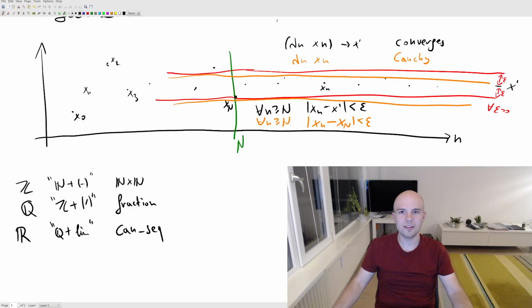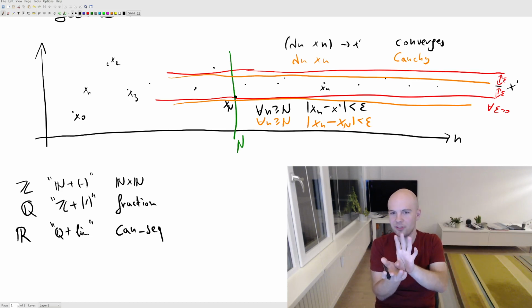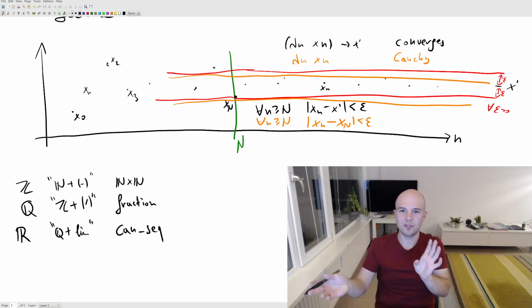Maybe I should rewrite this here. It is exactly this notion of convergence, which says that for every epsilon greater than 0, there is an index after which the difference between the two sequences and the limit, which is 0, is smaller than epsilon.